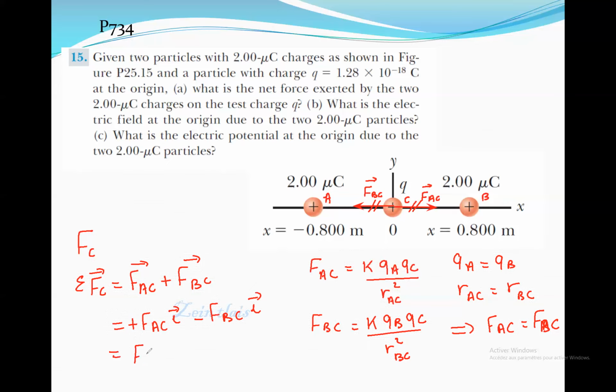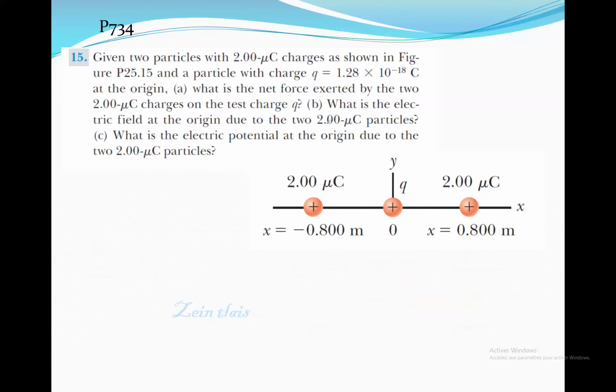We get (FAC minus FBC) i, and since FAC equals FBC, this equals 0. So the net force applied on the charge C equals 0.